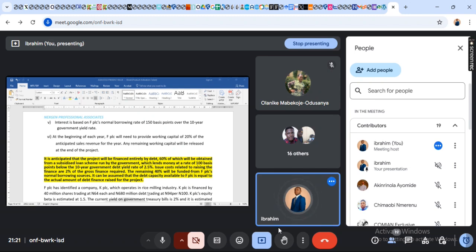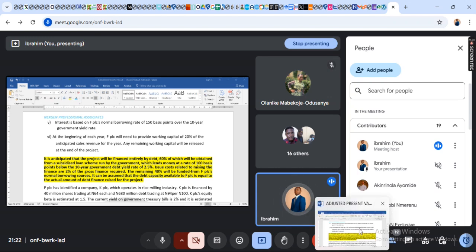The project will be financed entirely by debt. Both your working capital and that investment amount will be financed by debt. So the addition of the two will be financed by what? By debt. That is what it means.